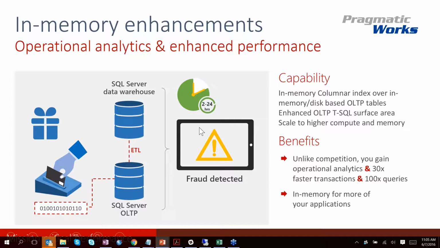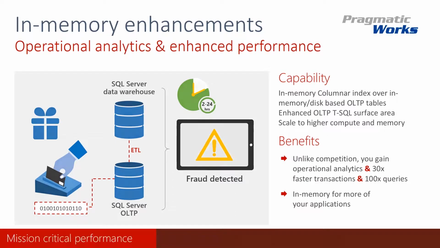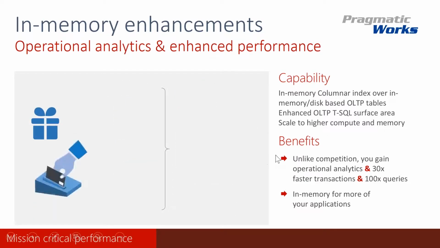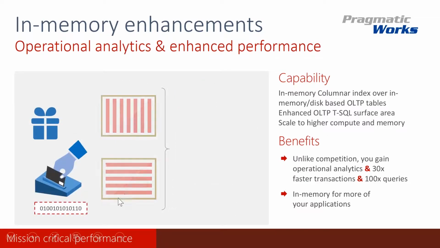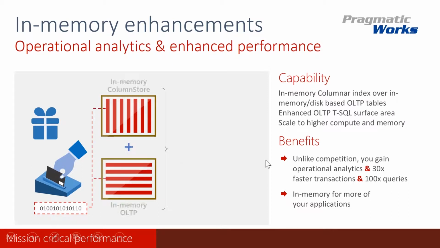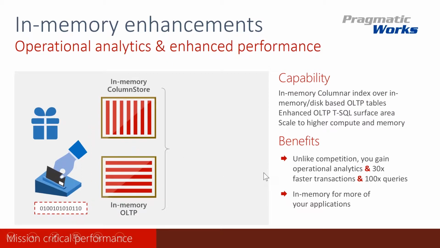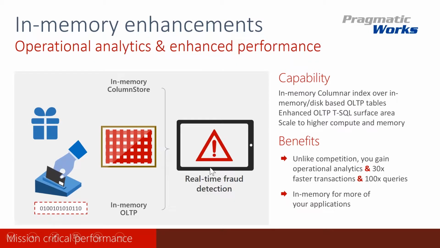If you're fortunate, it may be a few minutes, but usually it's 12 to 24 hours. And then you find out you've got some fraud going on. You can't do anything about it because by the time you find out about it, you've lost thousands and thousands of dollars. So the way it works now is you take that OLTP and put it up into memory. It's a 10-to-1 compression ratio, about 100 times faster than disk-based queries, and you find out what's going on in real time.